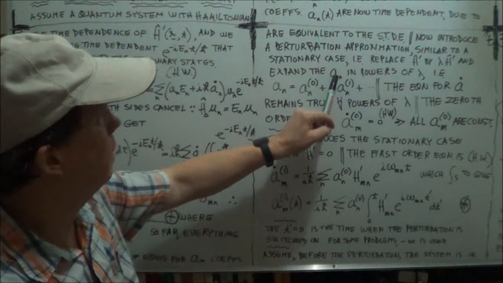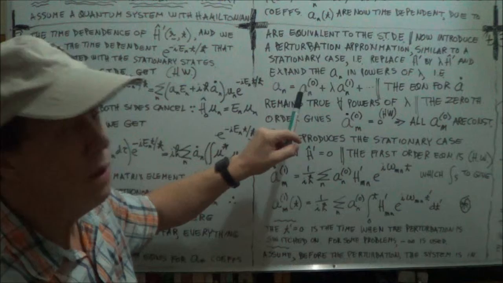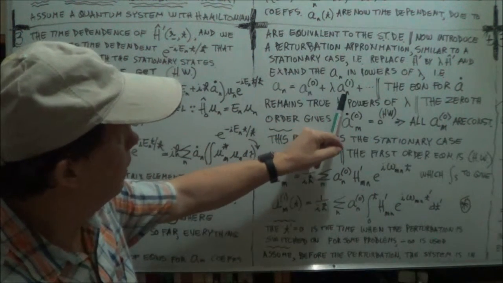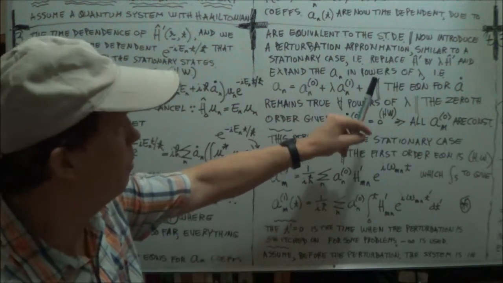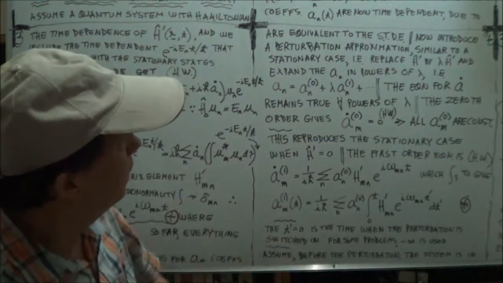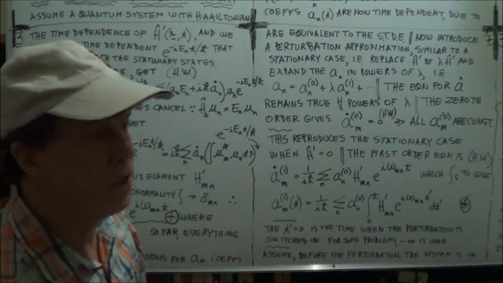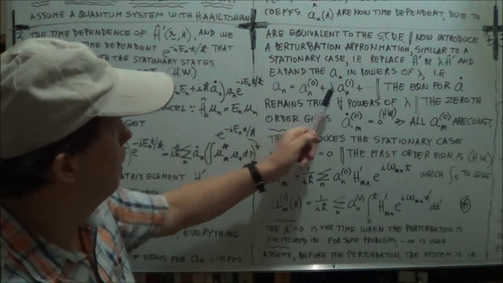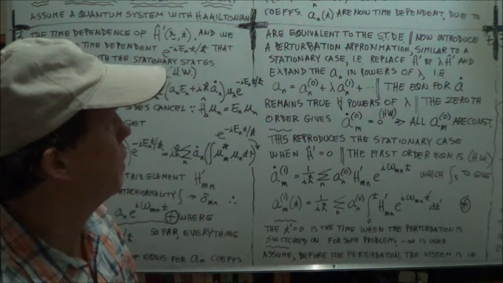Now similarly with the a's, here's your power expansion, a sum of powers of lambda. Again, we're not going to deal with the second order or above, just first order. So a0 plus lambda a1, and these are your first order correction terms for your a, and these a's in general depend on time.